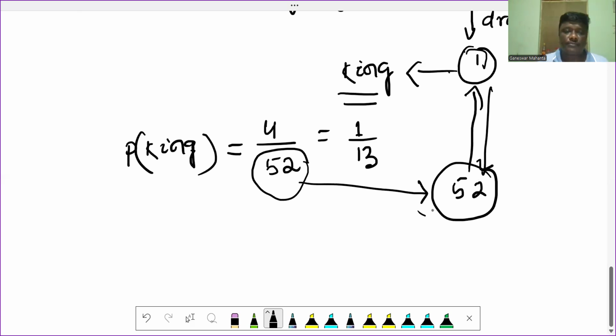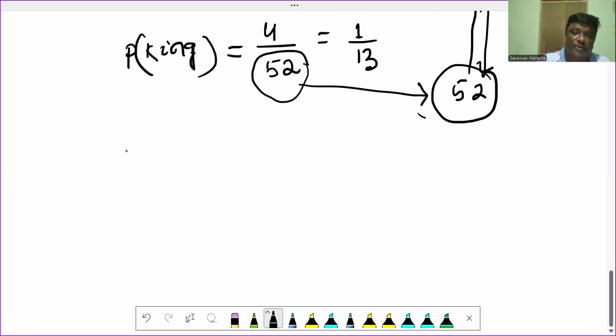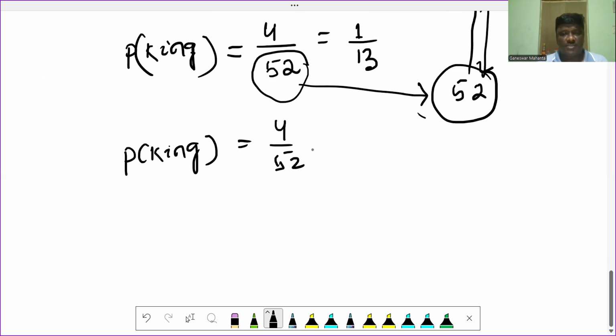What happens here? Total outcomes is 52, and the second card we also want to be a king. So what is the probability of that king? That is also the same, 4 by 52, that is 1 by 13, because it is replaced and drawn again.